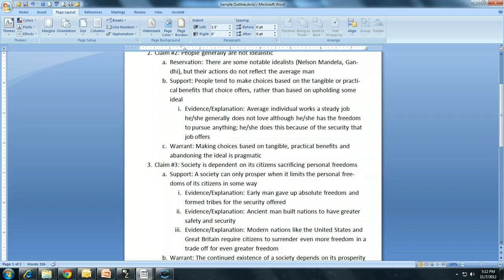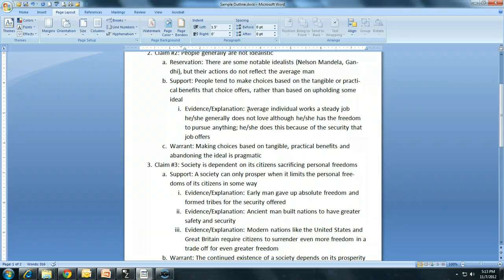Yeah, the security of that steady paycheck. Okay, so that's just a very simple illustration. I haven't had to crack open a history textbook. I haven't had to search Wikipedia or anything like that. I just use this very simple illustration that very well illustrates my reasoning here.